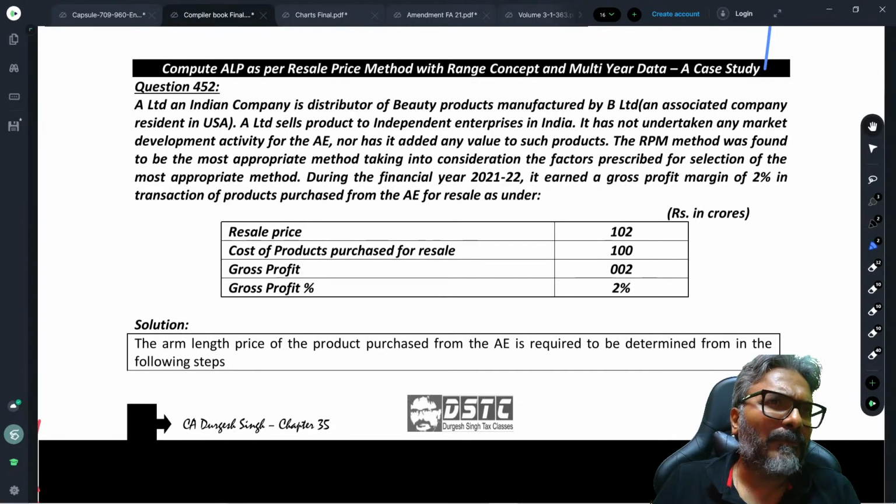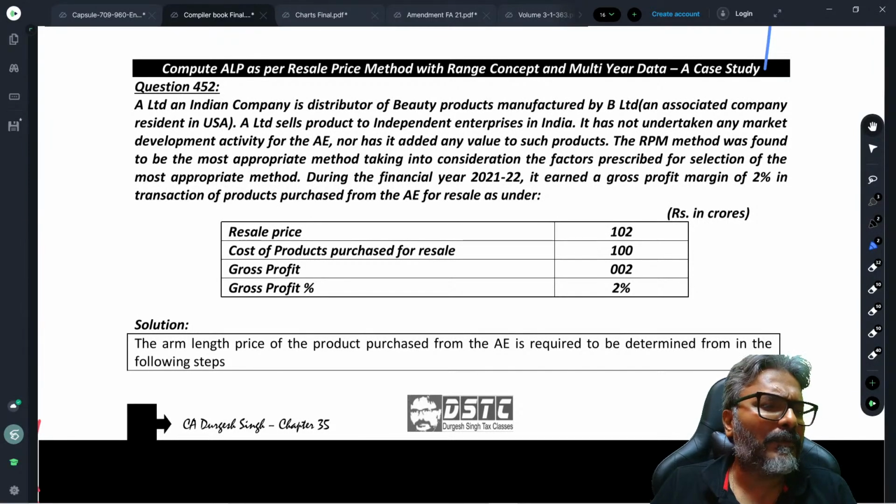If an unrelated party is charging royalty, then you have to see what has happened in the international transaction. Based on the international transaction only, you have to see. What the unrelated party does is one thing, but on the basis of what is done in the international transaction, the adjustment has to be made. So all you have to ensure is that whatever ALP you determine is aligned to the same factors which are there in the AE transaction.